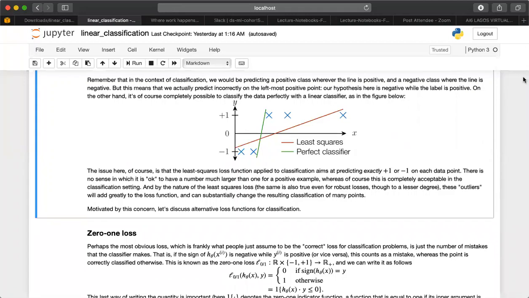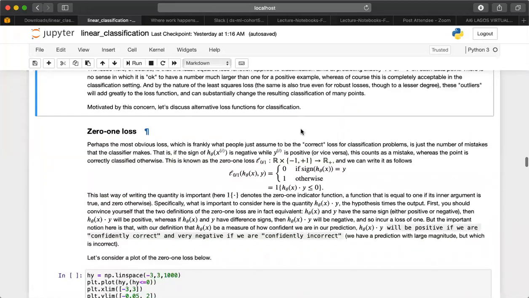So now we haven't spoken about any specific loss function that is used for classification, but a very intuitive one that you can look at when you're thinking of a classification problem is the 0-1 loss.